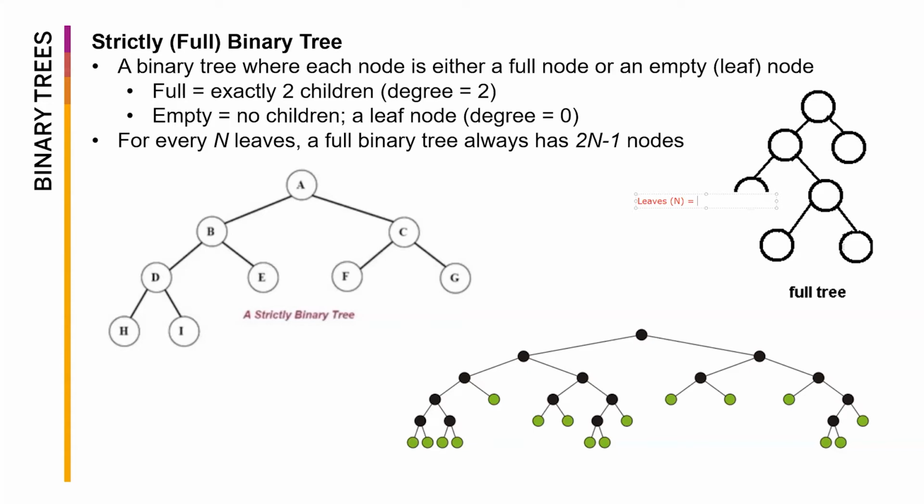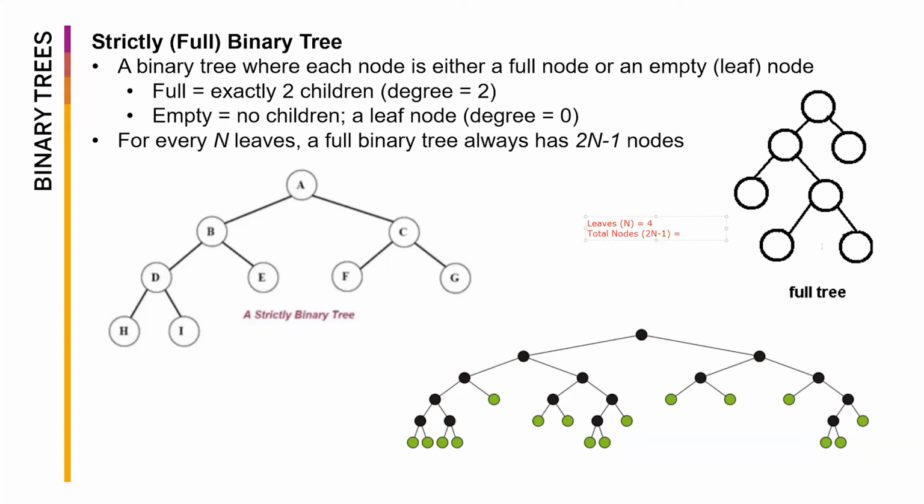Is it just 2? I'll bring it down para makita natin. Oh, is it 4? Okay, so it's 4. We have this node, this node, this node, and this node. Therefore, how many nodes do we have in total? So total nodes, which is 2n minus 1.